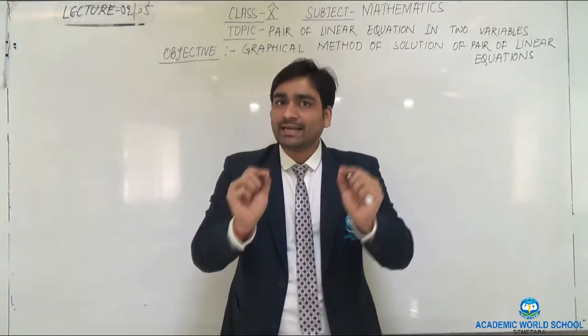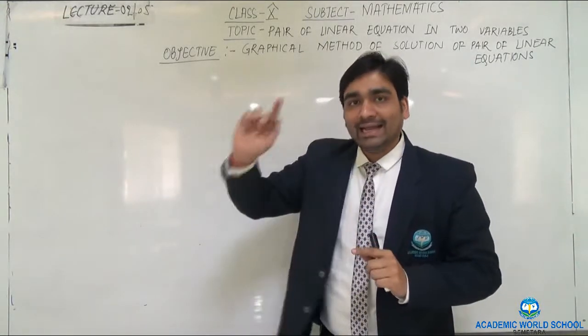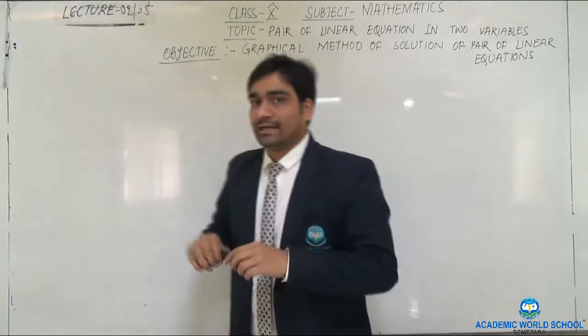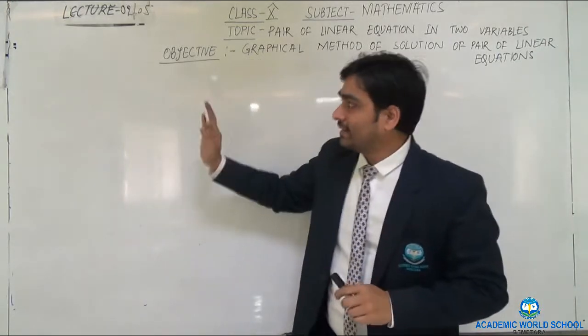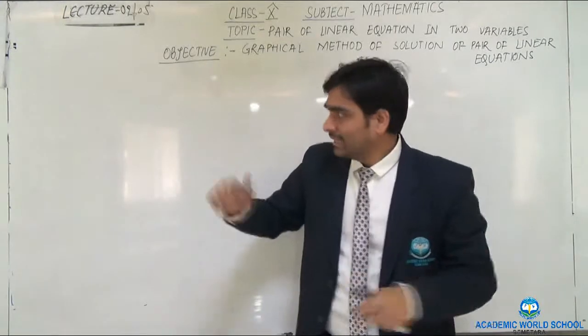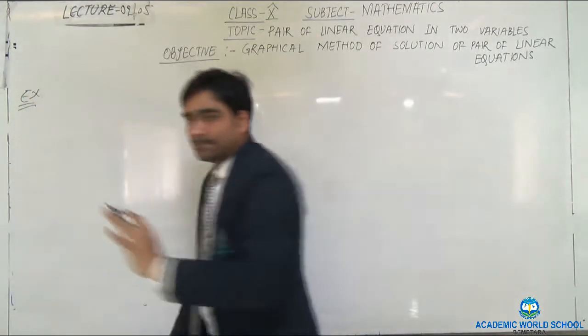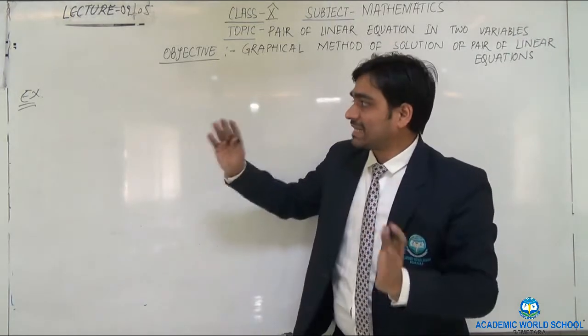If you see my last video, I have taken one example, and on that you got intersecting lines. Now I am taking one more example. Now you will see how these lines are.